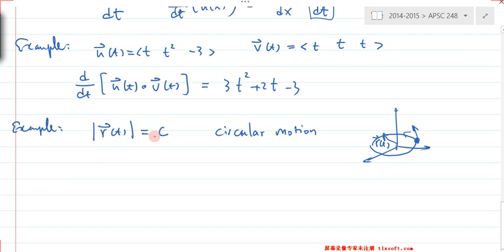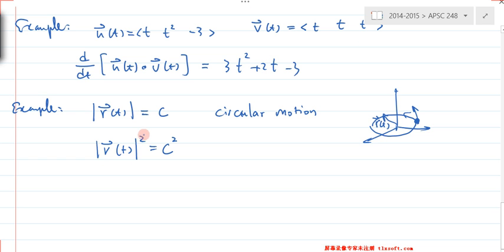This one represents the magnitude of this vector. If you remember when we learned the dot product, the magnitude essentially of the vector. If I do a square of this, it's still a constant. So what's the square of this one here?